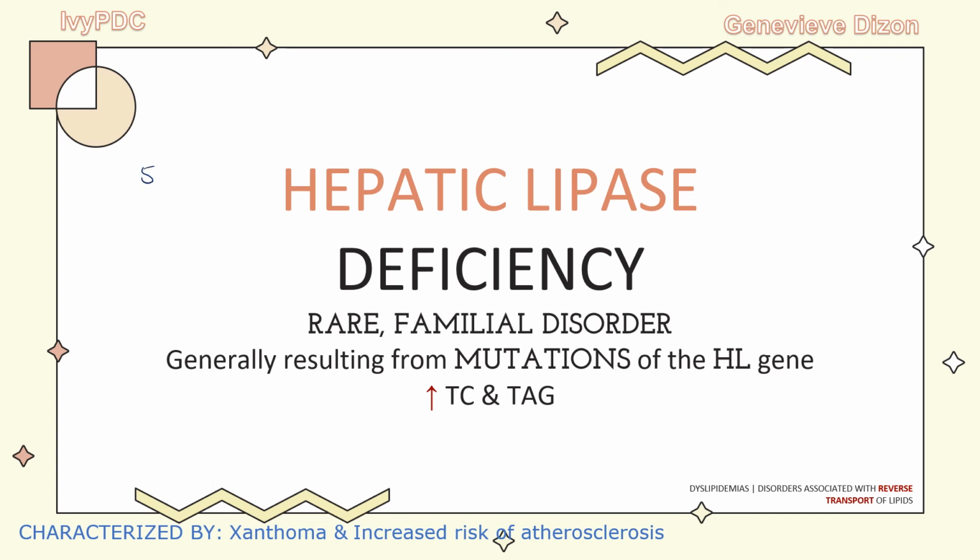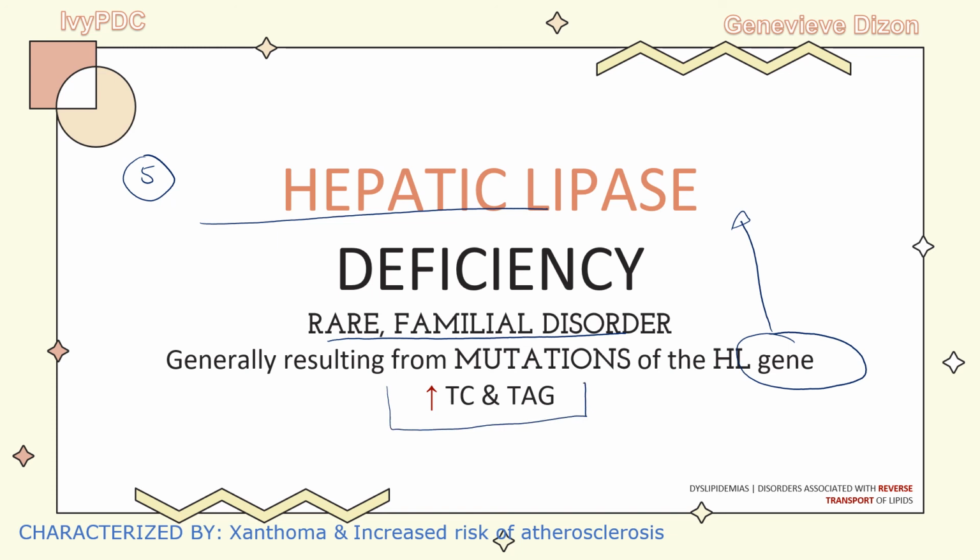And our last disorder is hepatic lipase deficiency, which is a rare familial disorder caused by the mutation of the HL gene, hence the name hepatic lipase deficiency. This is described as a combined hyperlipidemia with an increased cholesterol and an increased triglyceride level.